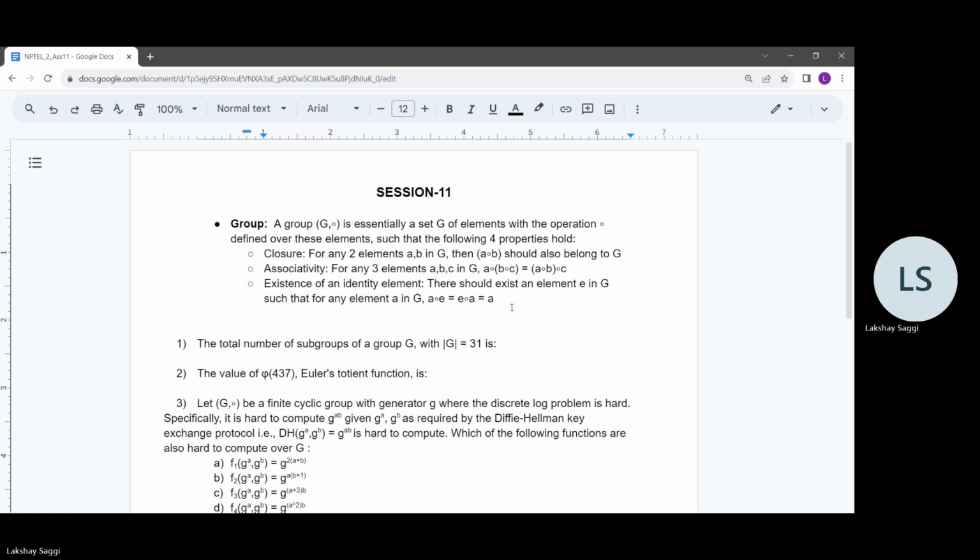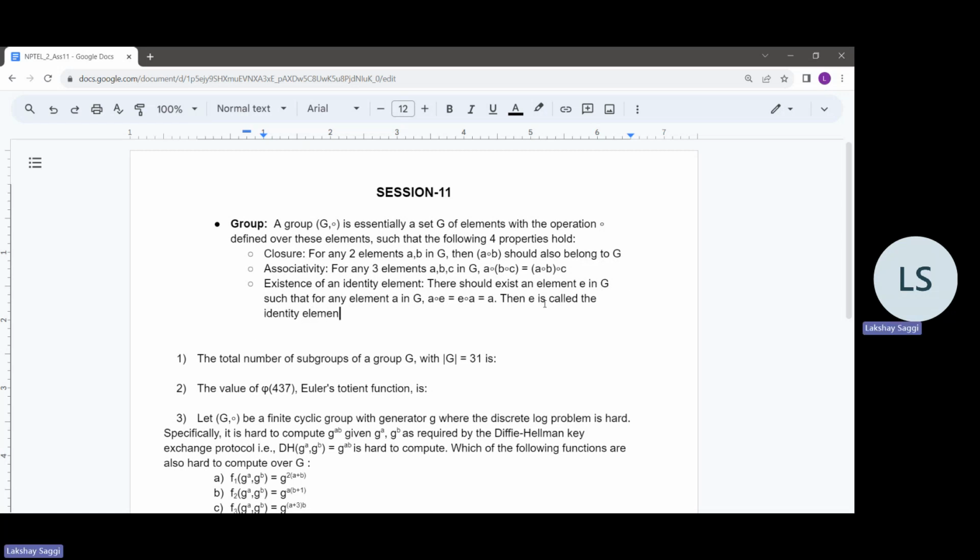Then E would be called the identity element of the group. So this is the property of existence of an identity element.